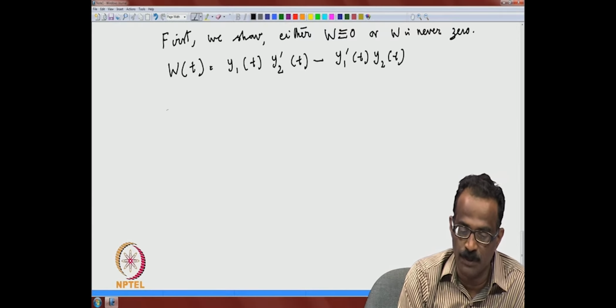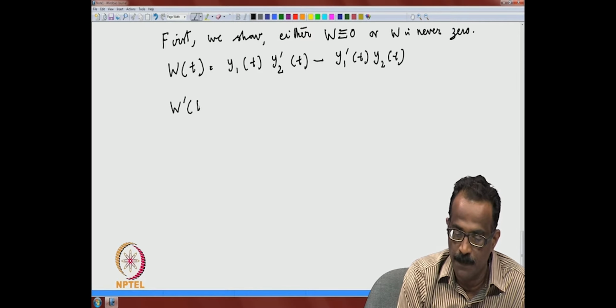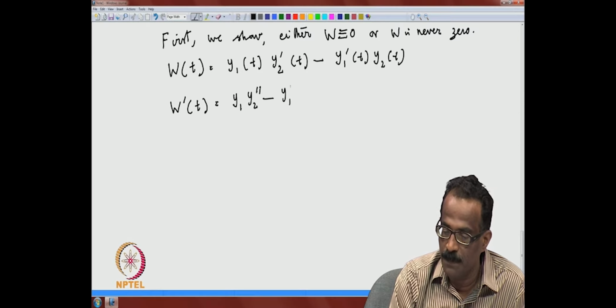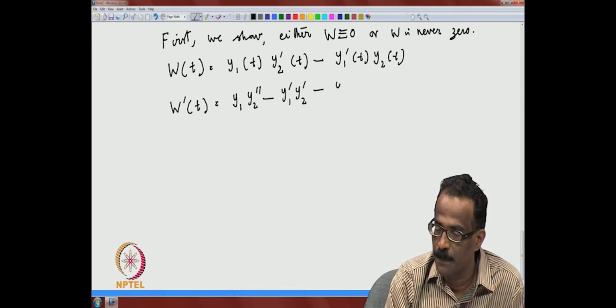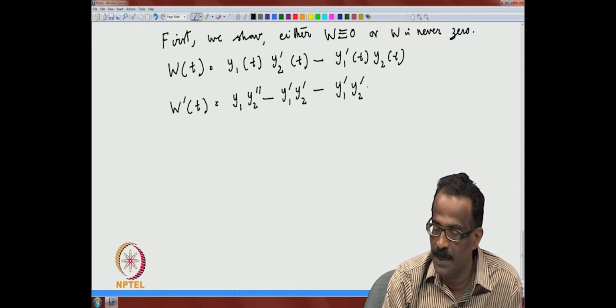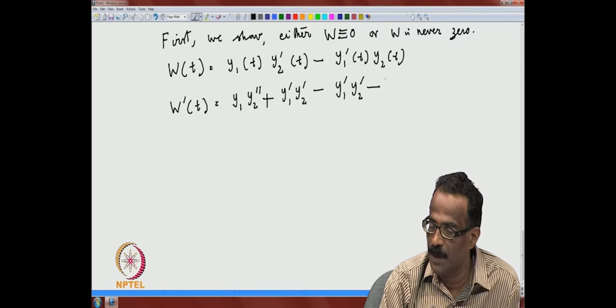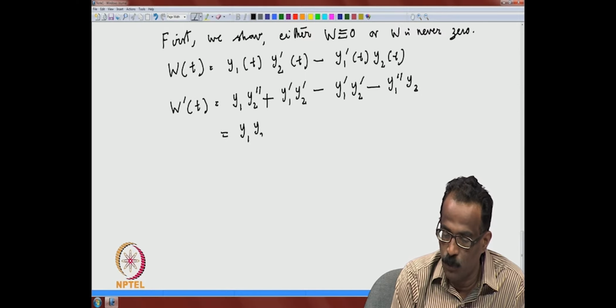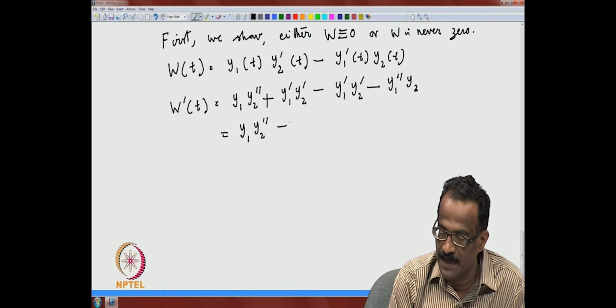You differentiate with respect to t and you get W prime(t) is equal to y1 y2 double prime plus y1 prime y2 prime minus y1 prime y2 prime minus y1 double prime y2. So this gets cancelled, and that is nothing but y1 y2 double prime minus y1 double prime y2.